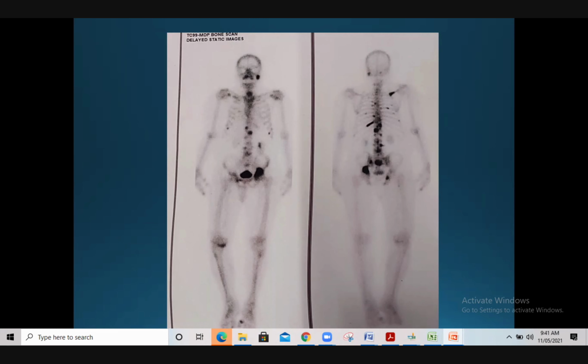In a super scan, the radionuclide is taken up by the bone, the entire skeleton, and nothing is seen in the kidney. You're seeing the kidneys, so this is not a super scan. You are right, but you did not know the reason. Super scan means that the kidneys are not seen.